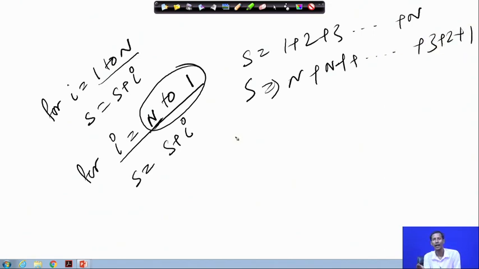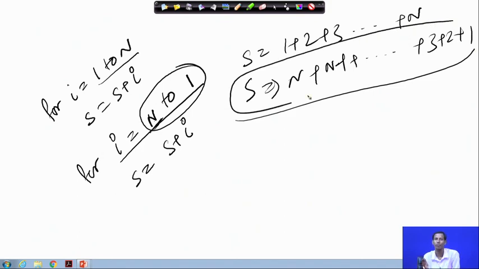That means I have just reversed the order. The functionality remains the same, but I reversed the order in order to reduce the architecture.